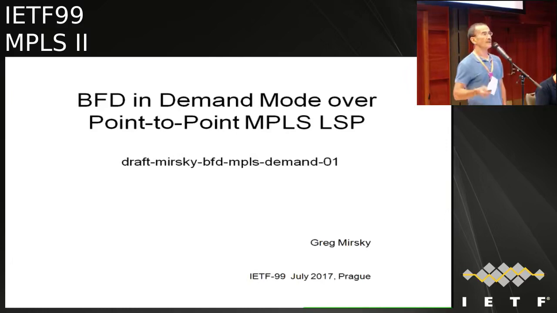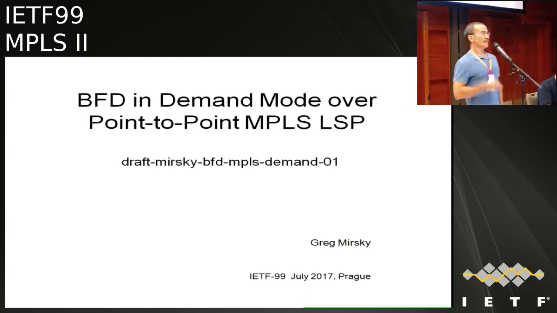And demand mode can be asymmetric. So one node of two can be in demand mode, whilst the other node is in asynchronous mode. That gives us interesting properties, because in demand mode, the node ceases to send periodic BFD control messages. And that node can be put in demand mode and taken out of demand mode by its remote peer.